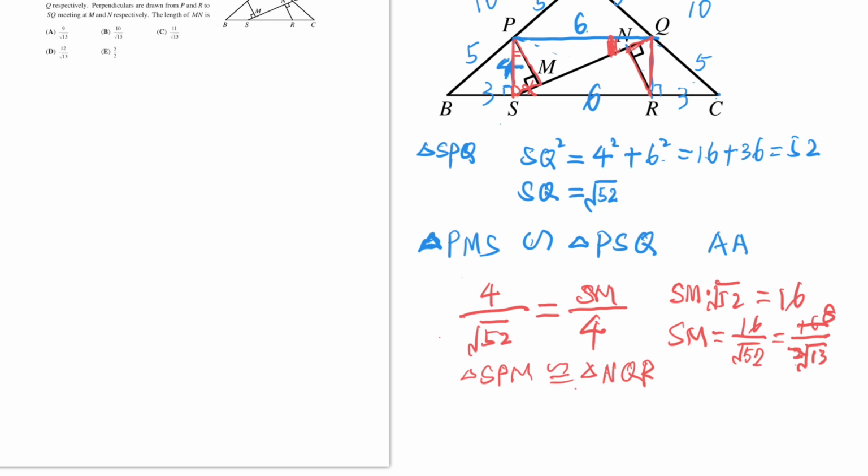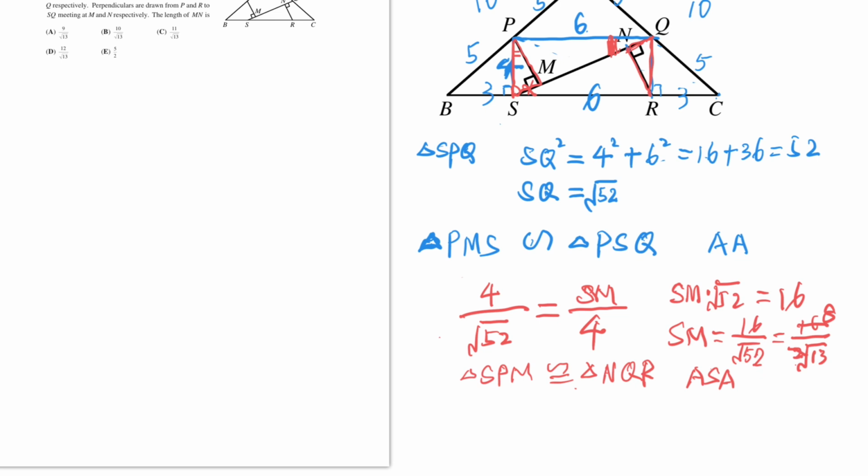The two triangles are congruent. So these two triangles, the congruency is ASA, angle side angle.